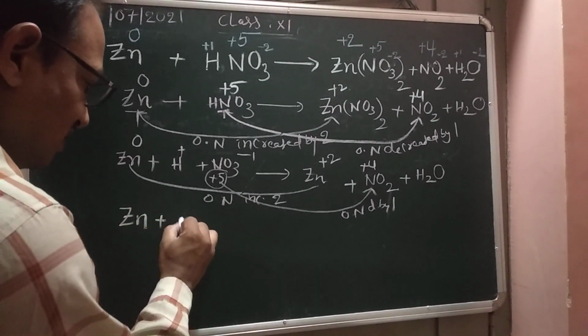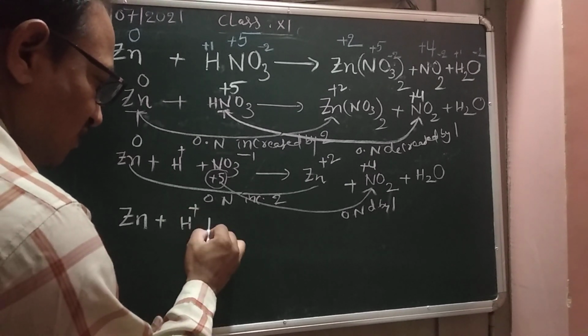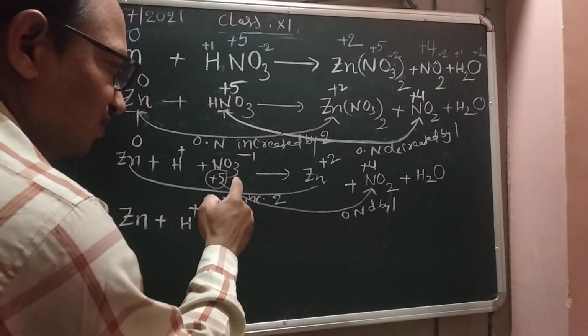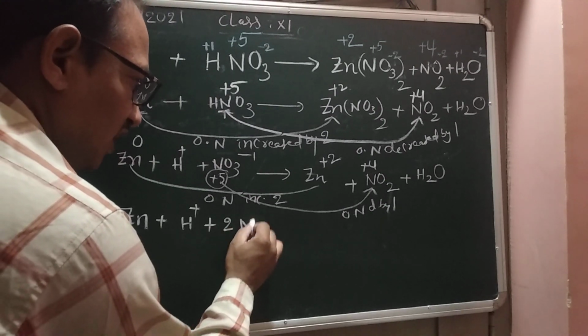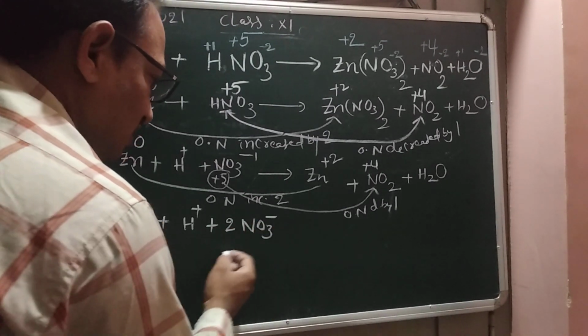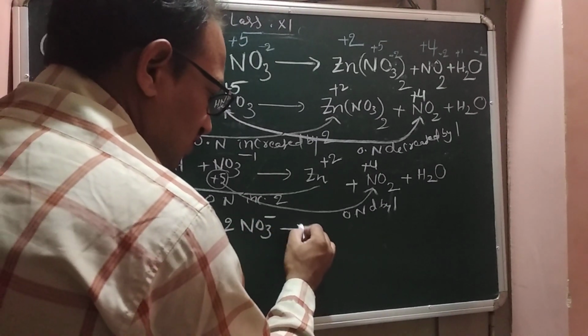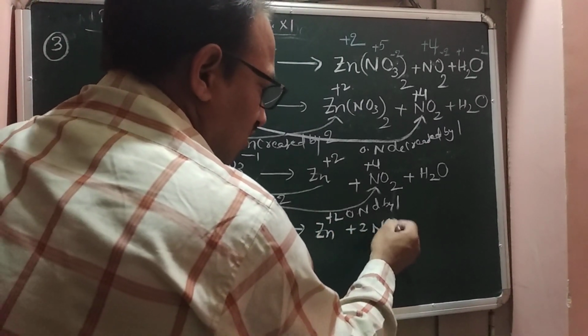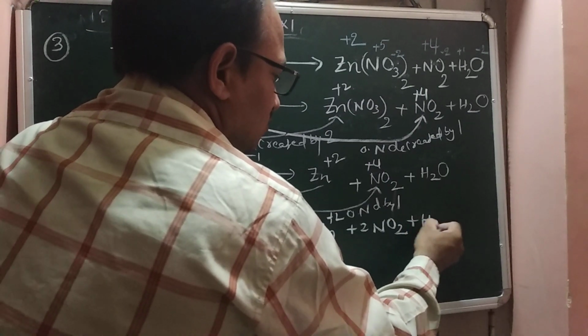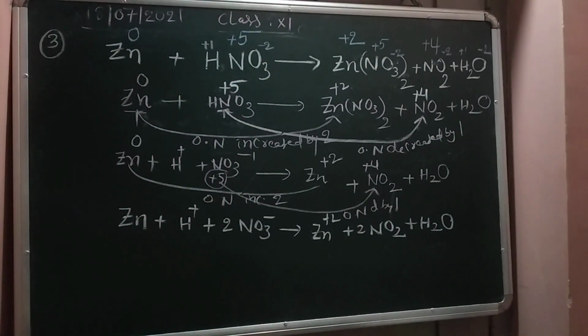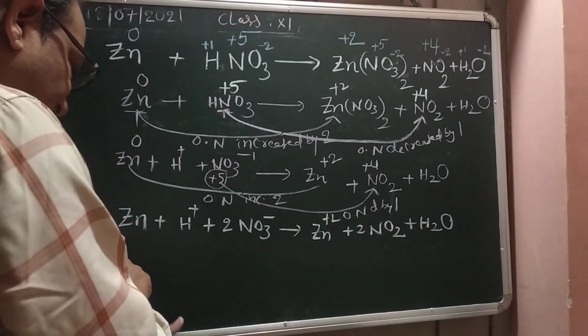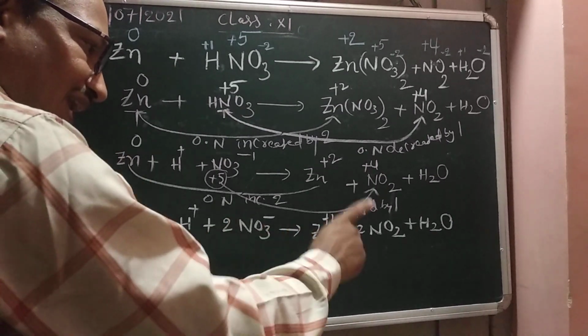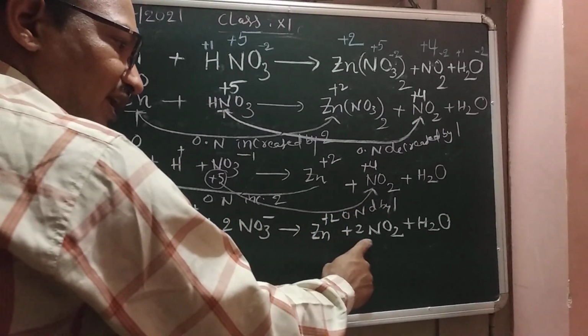Zn plus H+ plus, I am multiplying with 2, so 2 NO3- gives Zn2+ plus 2 NO2 plus H2O. Now you see here 1 Zn balanced, 2 nitrogen balanced.